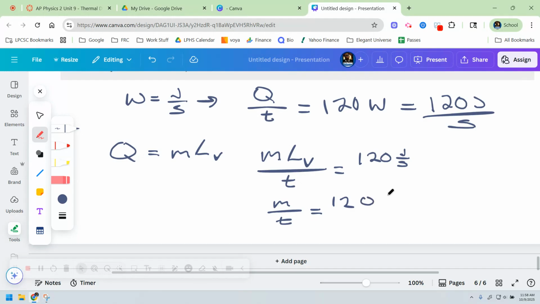Right, so then I have 120 joules per second divided by the latent heat for vaporization. Notice I don't know the mass and I don't know the time, but what I can find out is the latent heat.